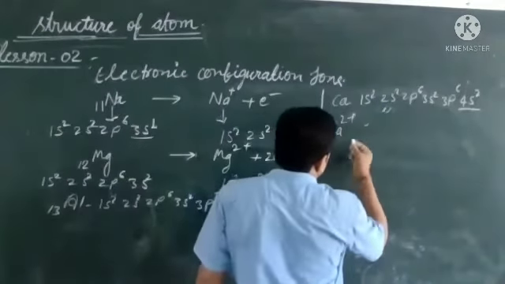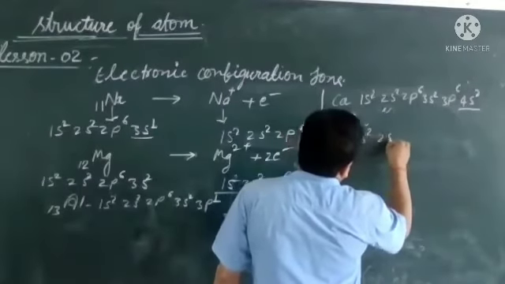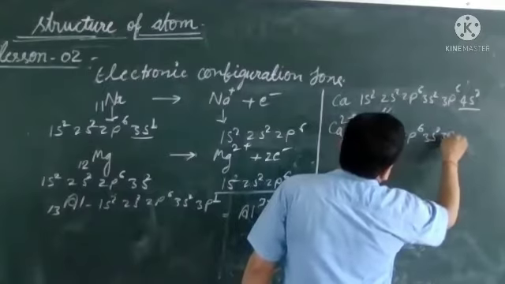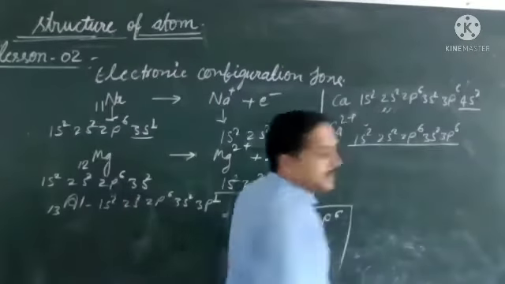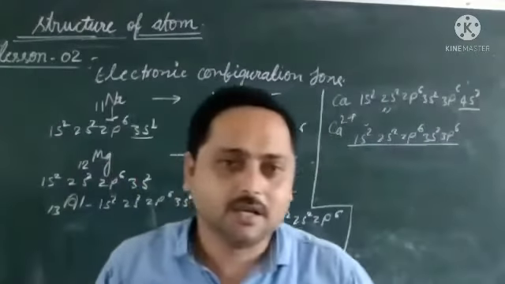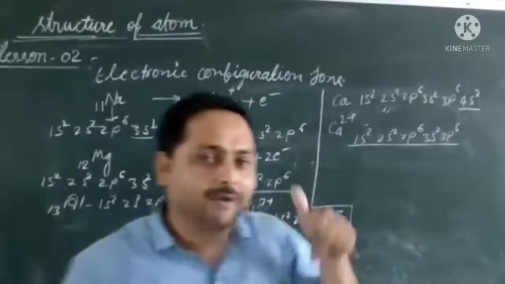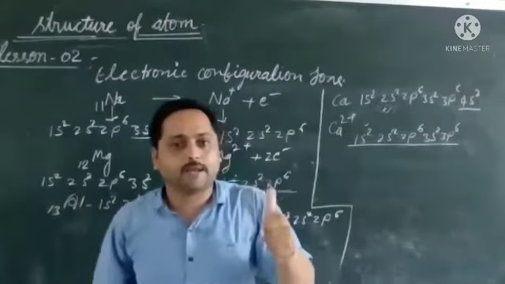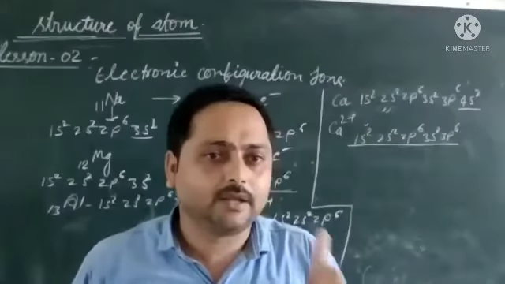And for the ion, the electrons are removed from the outermost. So what will be this one? 1s2, 2s2, 2p6, 3s2, 3p6. How many have written correctly? The configuration of calcium and calcium ions. Just thumbs up, those who have written correctly.